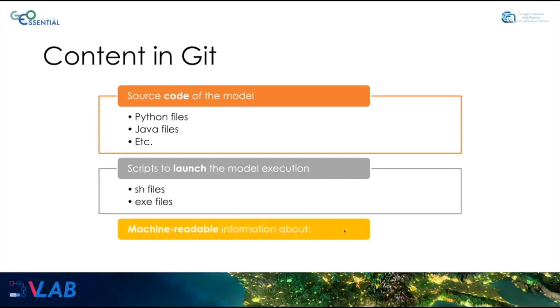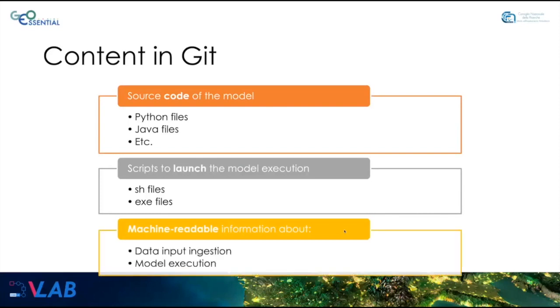And some machine-readable information about how to ingest the data into the model and how to launch the model. Later, we will see in detail how to provide this information.